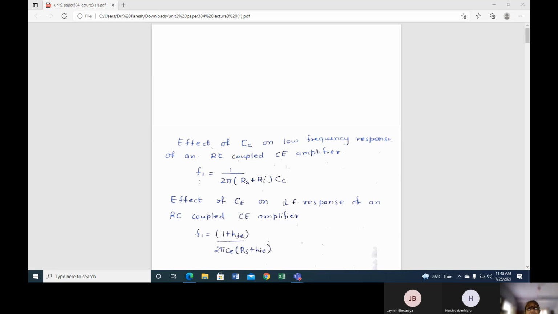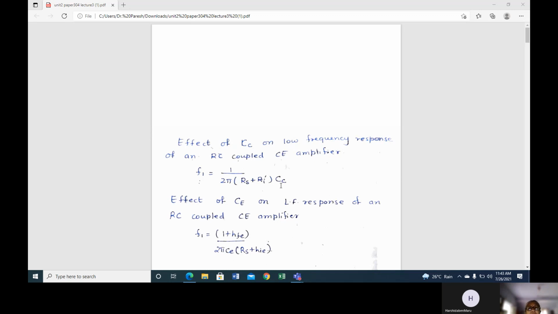Similarly, the effect of the emitter bypass capacitor on low frequency response gives you a lower cutoff frequency F1 equal to 1 plus HFE upon 2 pi CE into RS plus HIE. Both these equations are nearly similar except for this factor of 1 plus HFE. The reason you get HIE instead of Ri dash is that we have taken the parallel combination of R1 and R2 to be very high in comparison with HIE, and hence we can neglect it, right?